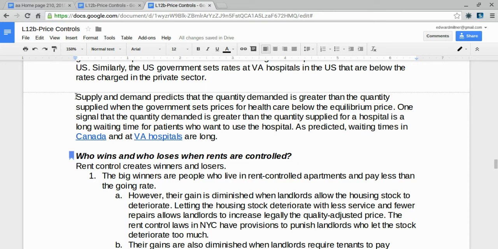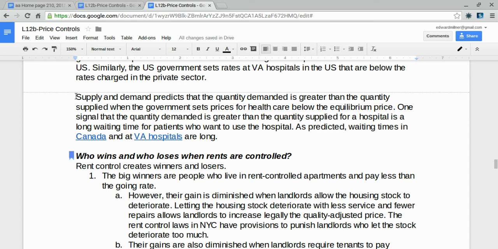Supply and demand predicts that the quantity demanded is greater than the quantity supplied when the government sets rates for healthcare below the equilibrium price. One signal that the quantity demanded is greater than the quantity supplied for a hospital is a long waiting time for patients who want to use the hospital.